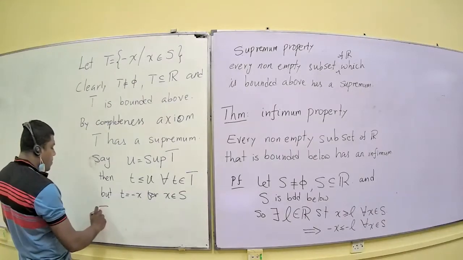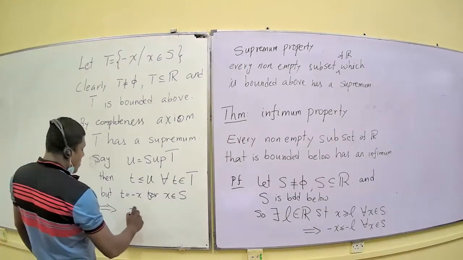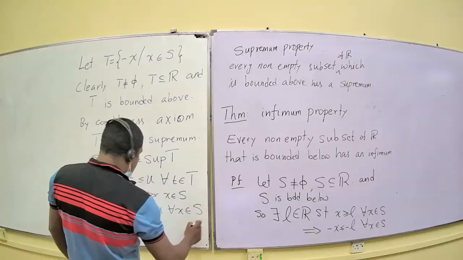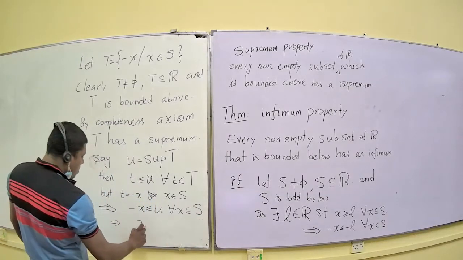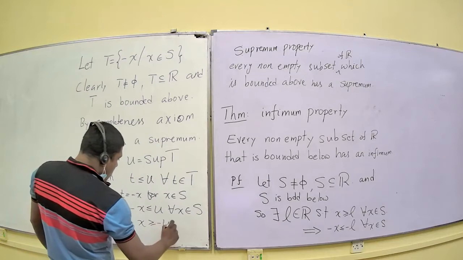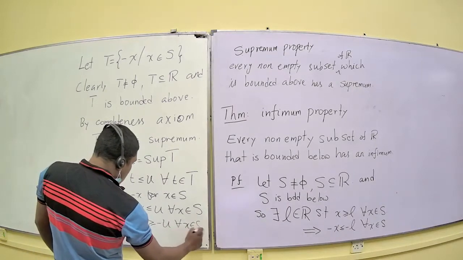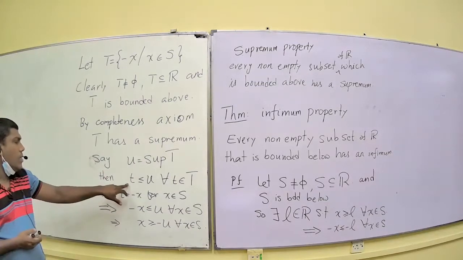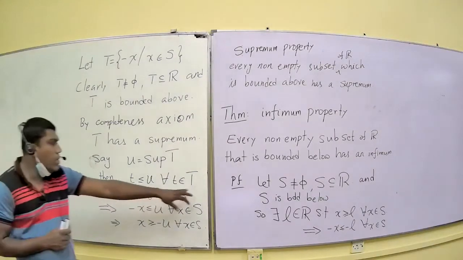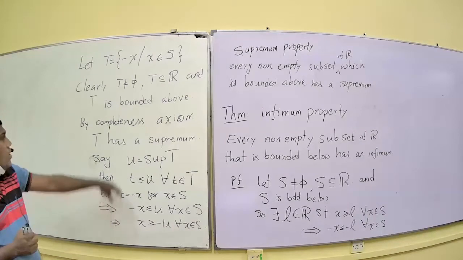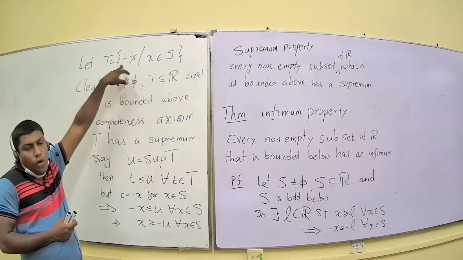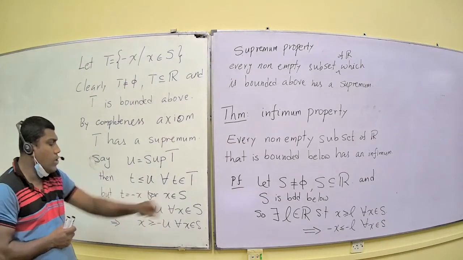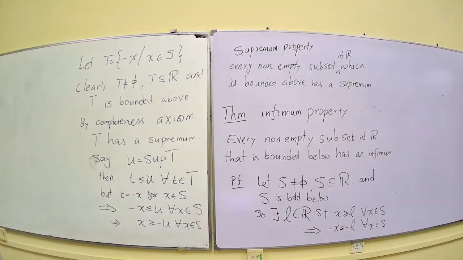So if you combine both of them, because U is the supremum of T, small t is less or equal to U for all t belonging to T. But every t in T is of the form minus x for some x in S. So that means minus x is less or equal to U for all x in S, right?